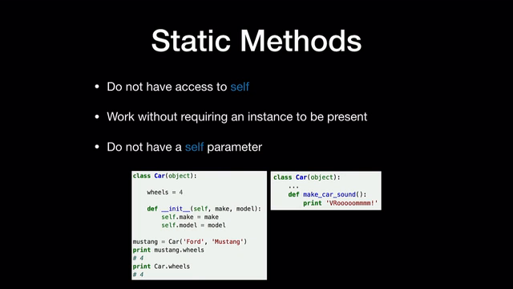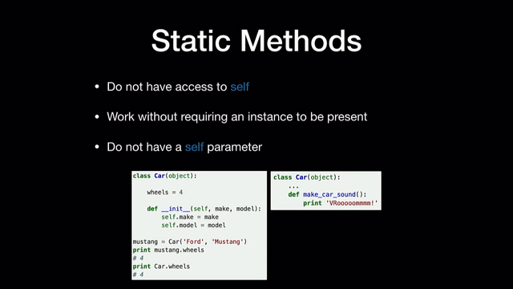Now, there's another type of method which is called the static method. In static methods, you do not have access to self, and you can use it without requiring an instance to be present. Here's a very simple example. Let's say we define a very simple class called Car. It has an init method, which has two attributes, the make of the car and the model.